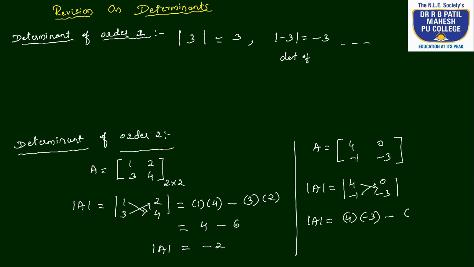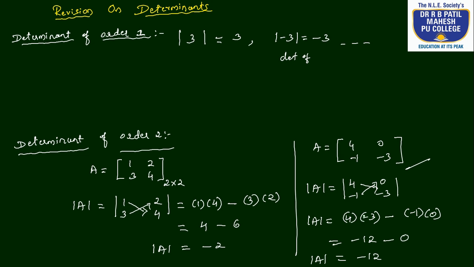Next, 4 into minus 3 is minus 12, and minus 1 into 0 is 0, because 0 into any number is 0. And finally we get minus 12. So this is the determinant of the matrix A, that is 2 cross 2. Be perfect with finding the determinant of the matrix 2 cross 2.